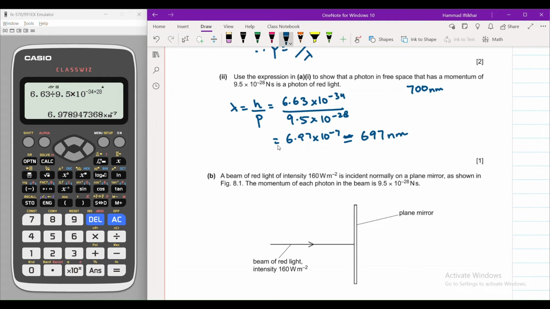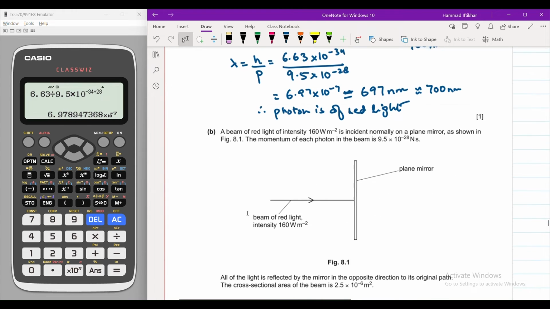Since 697 is approximately 700, we can round it up to 700 nanometers. Therefore the photon is of red light.